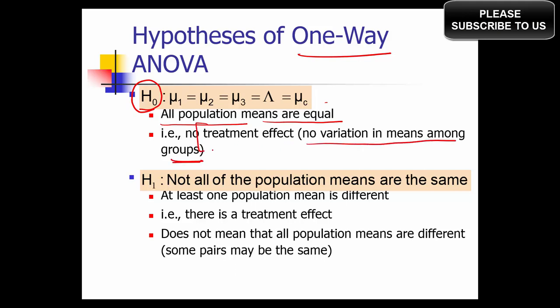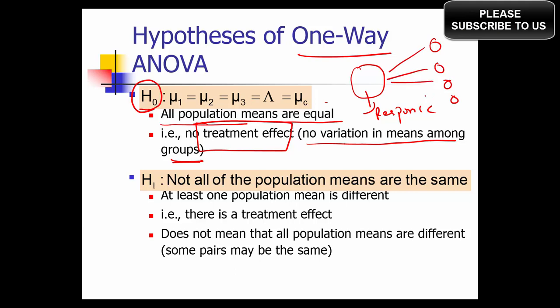So what is treatment effect? This is a technical term that we need to know. Treatment effect is just the effect of an independent variable, or any factor or any treatment, so to say. In all types of statistical analysis, you must know that there is a response, or outcome, and there are many factors that affect this response.